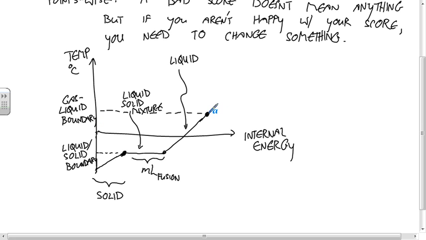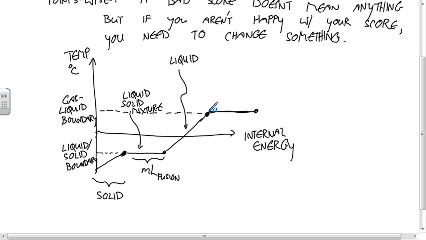And if you add more energy here, you get more and more of the material changing from a liquid to a gas.